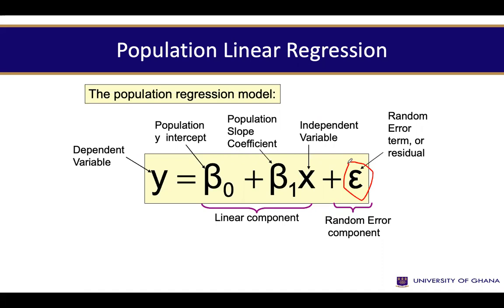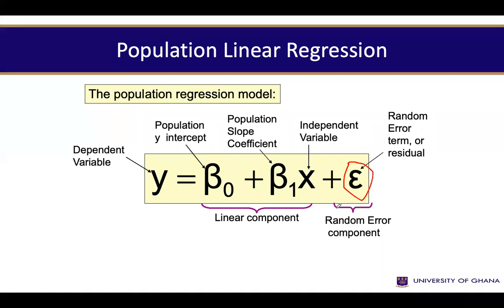What we are saying is that the model is giving us this: Y is equal to beta naught plus beta 1 x plus epsilon, where epsilon is the error term. Beta naught is like the y-intercept in the equation of a straight line. Beta 1 is like the slope in the equation of a straight line.